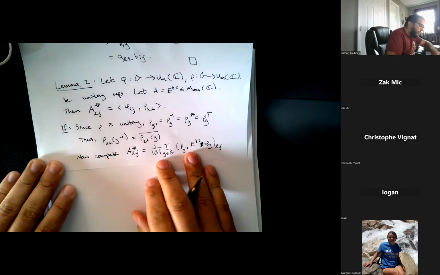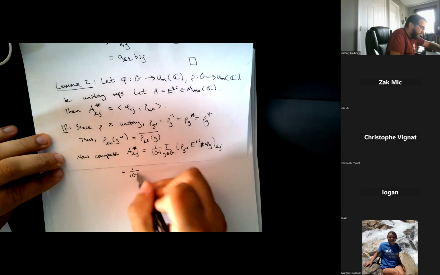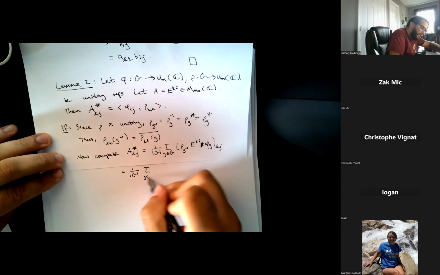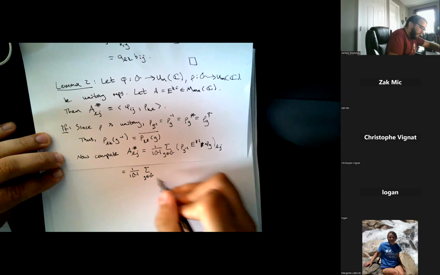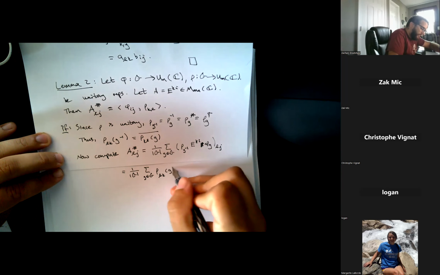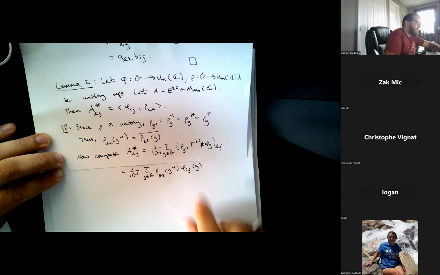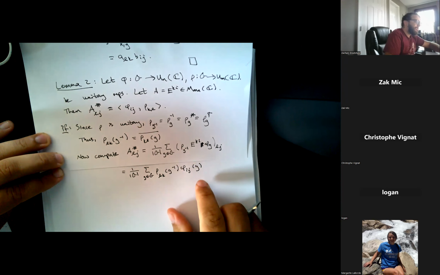And now we use lemma 1 here. This is equal to 1 over the order of G times the sum over g in G of rho_LK of g inverse times phi_ij of g. That's exactly what the first lemma tells us.